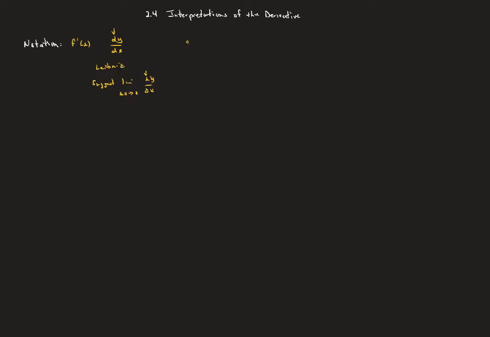You will also see it written, if you want to show the operation of taking a derivative, as d dx of f of x. That d dx notation means we're going to take the derivative of whatever follows. For example, take the derivative of x to the third minus natural log x, and that means you're going to differentiate whatever follows there.